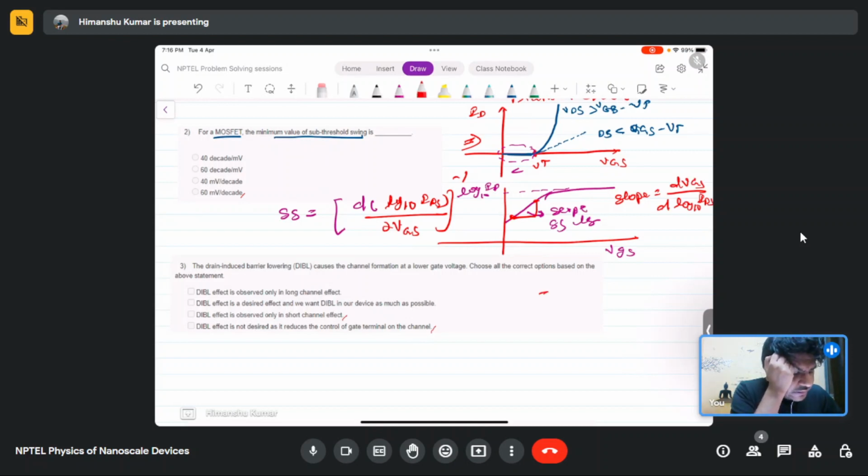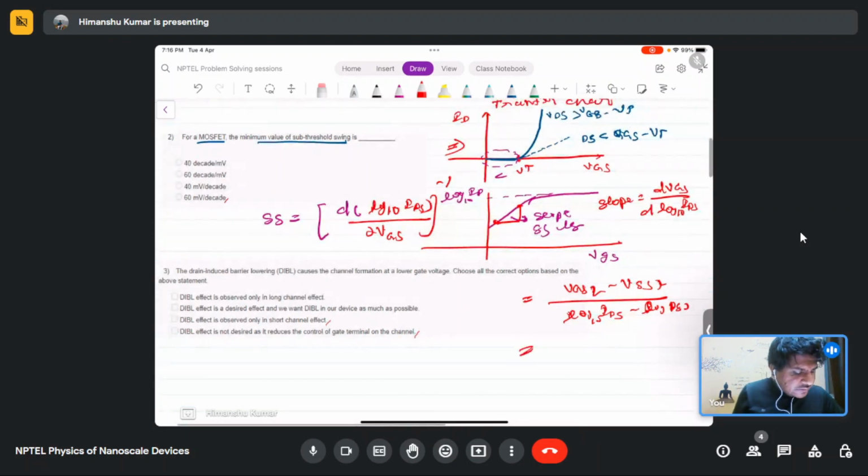We can write this as VGS2 minus VGS1 divided by log of IDS2 minus IDS1. Then we can simplify this as delta VGS divided by log of IDS2 by IDS1.